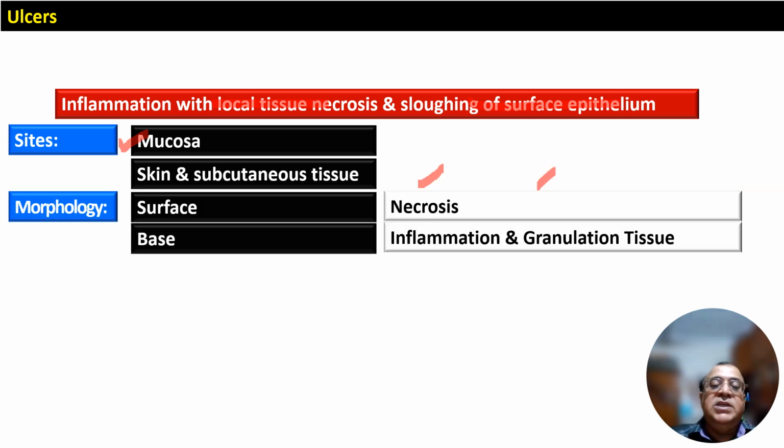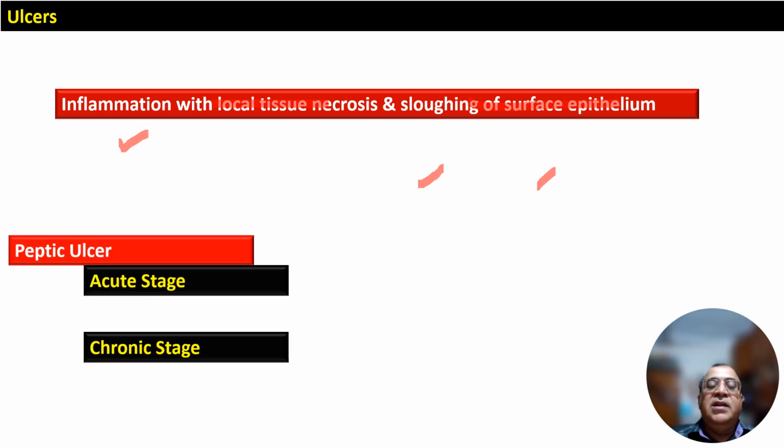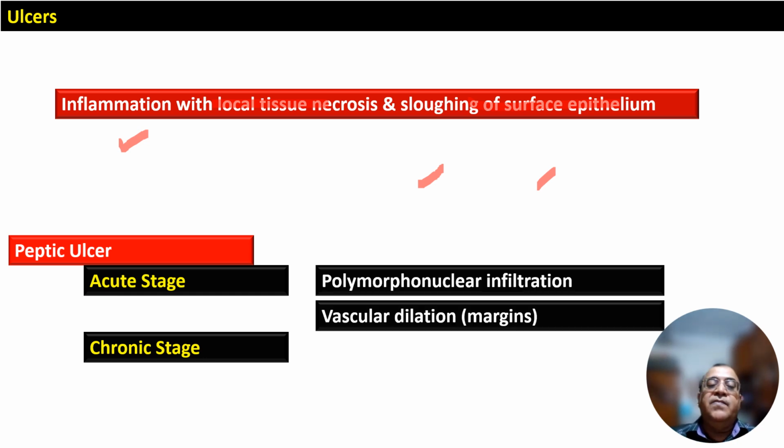The morphology of these ulcers is the presence of necrosis on the surface, and in the base there is inflammation and granulation tissue formation. Histologically, superficial loss of the tissue and underlying acute and chronic inflammation are seen in the ulcer.